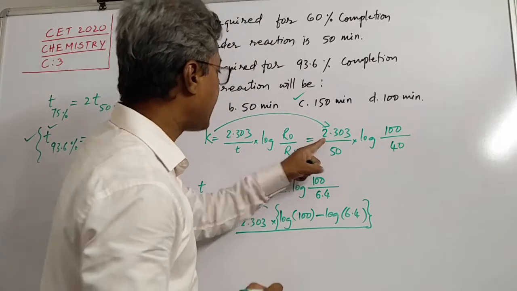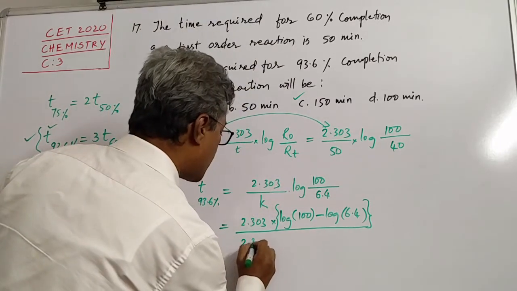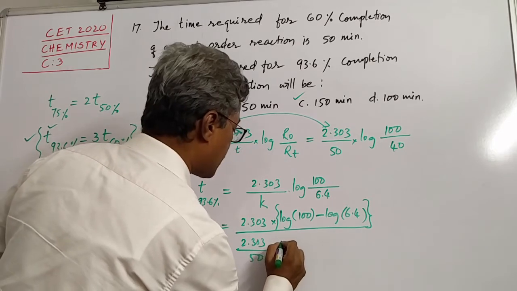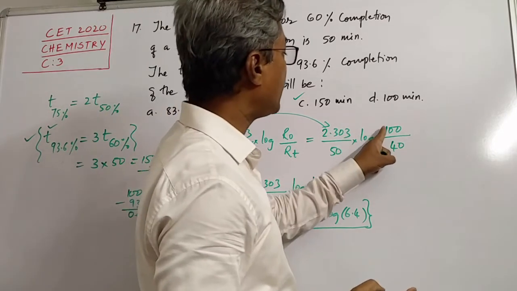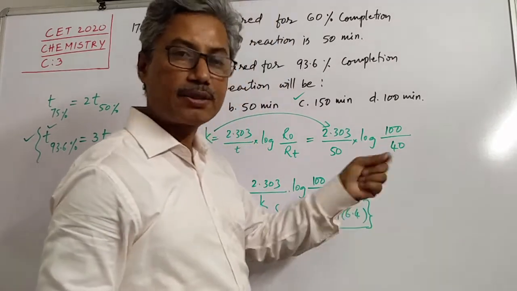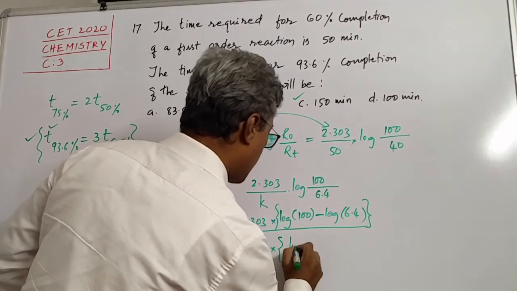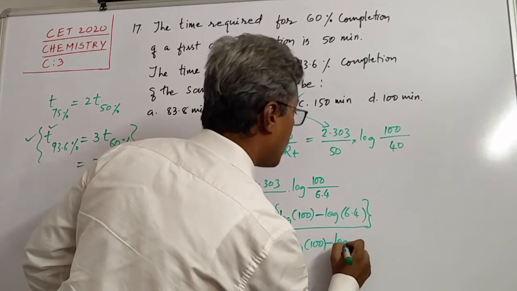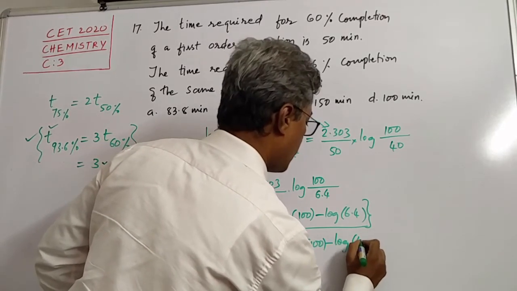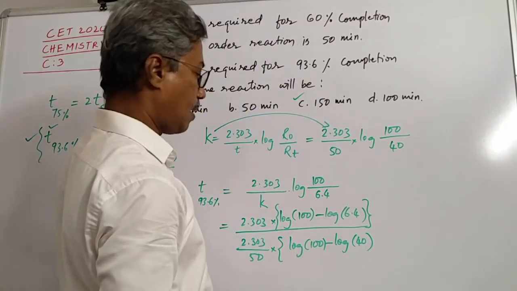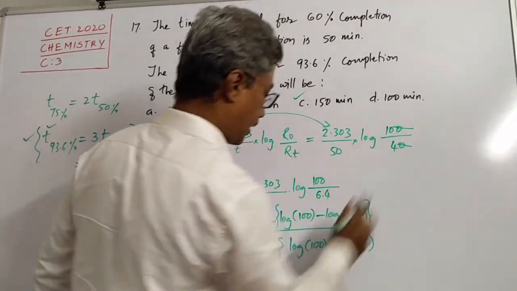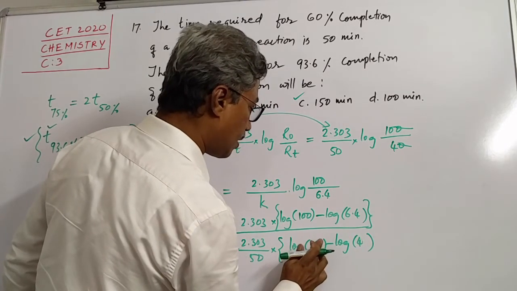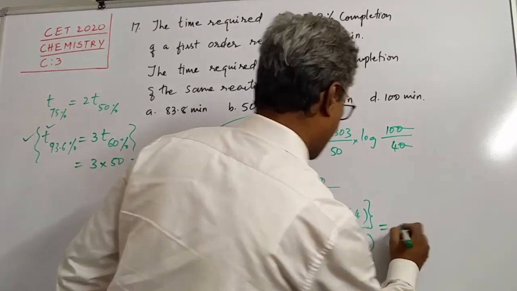The K value is 2.303 by 50 into, once again, log of A by B, which can be written as log A minus log B. This is log 100 minus log 40. Or else we can write it as log of 4 into log of 10. Now let us simplify this.